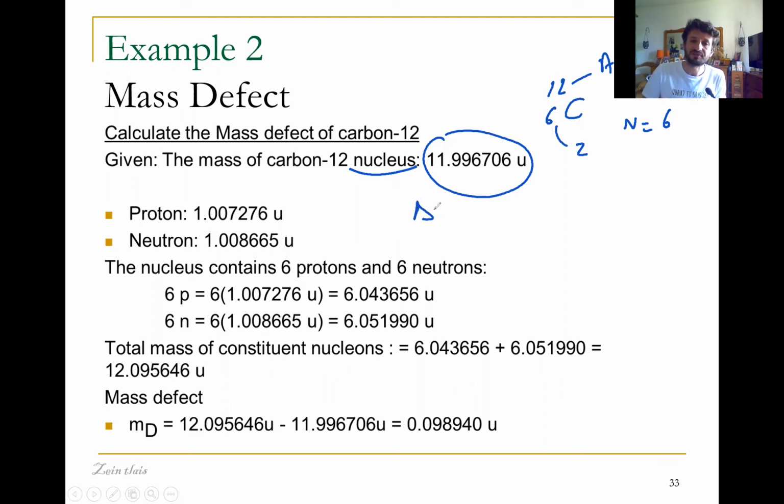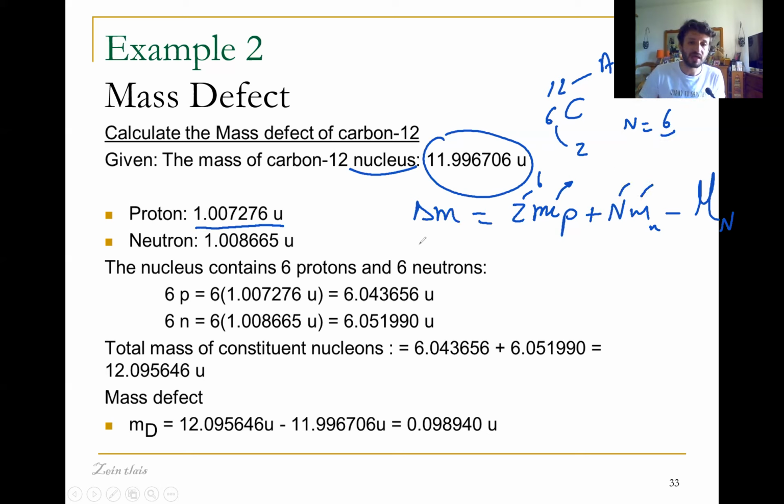You know the mass defect in general equals the mass of the nucleons, we can say Z Mp plus N Mn, minus the mass of the nucleus, we can say Mn. Okay? We have Z equals 6. We have Mp equals 1.007276 U. We have N equals 6.